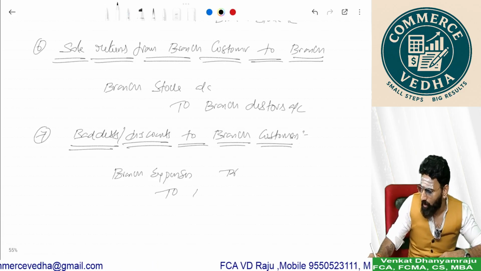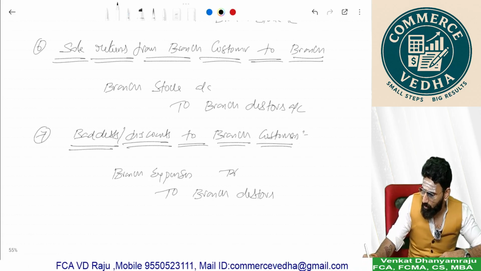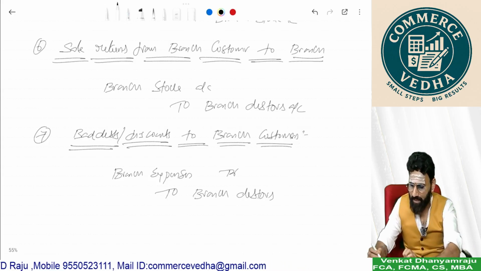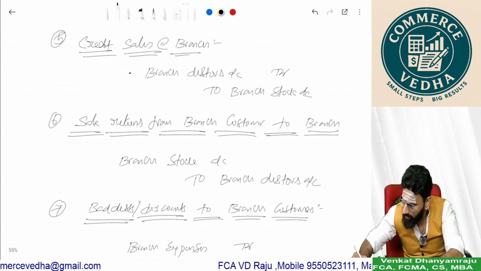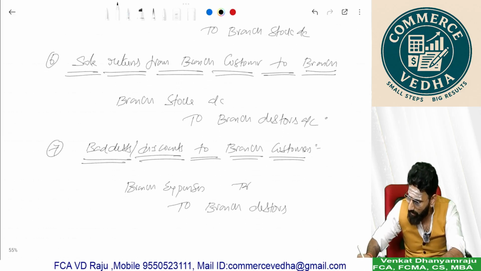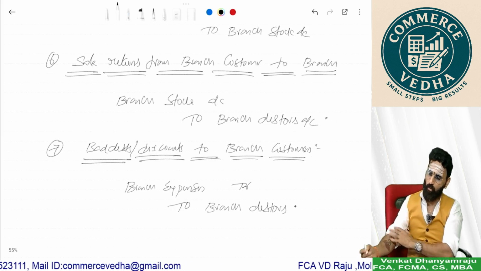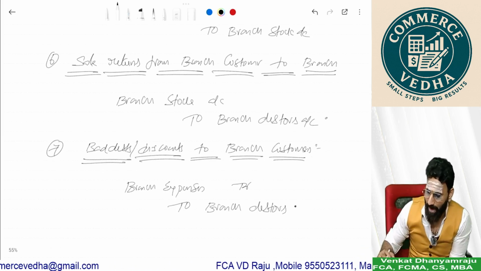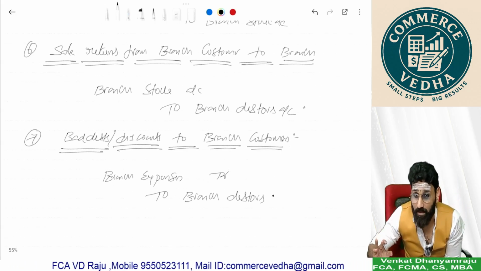To whom? To branch debtors. Because to the extent debtors should reduce, debtors shall always show a debit balance. However, when returns we reverse it, and for bad debts and discounts we credit it. So branch bad debts, discounts we debit to branch expense account.